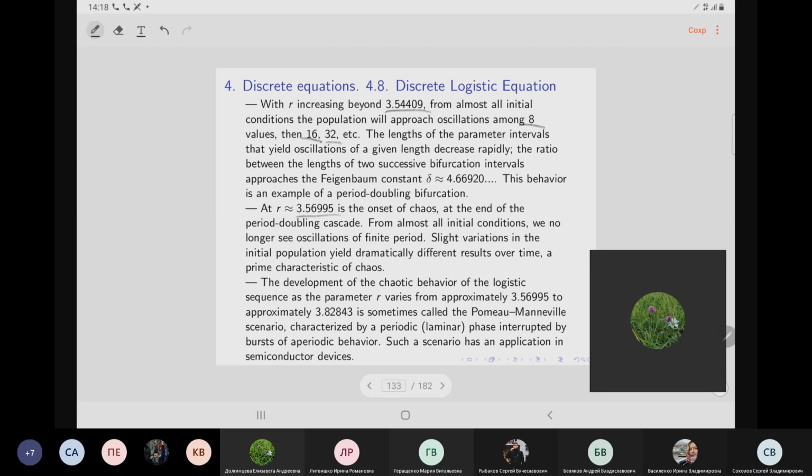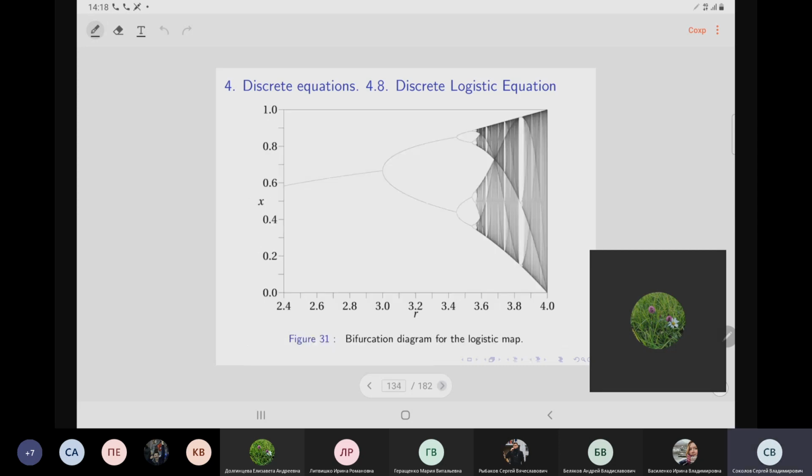But still there are some interesting areas with big R. For example, in this region, the chaotic motion stops, and at that moment there are only 3 possible solutions.